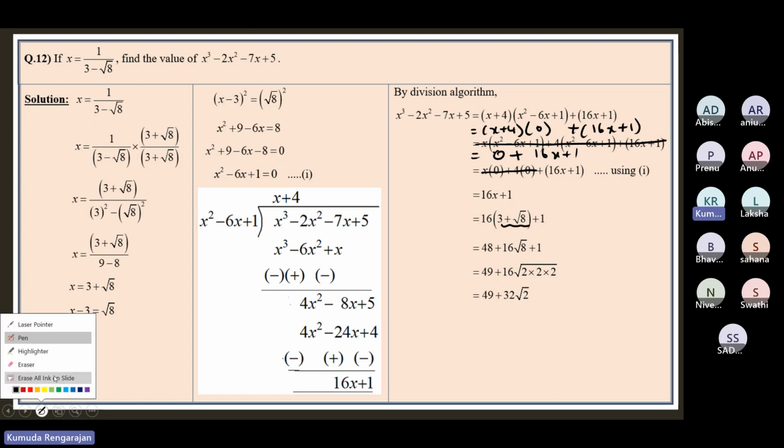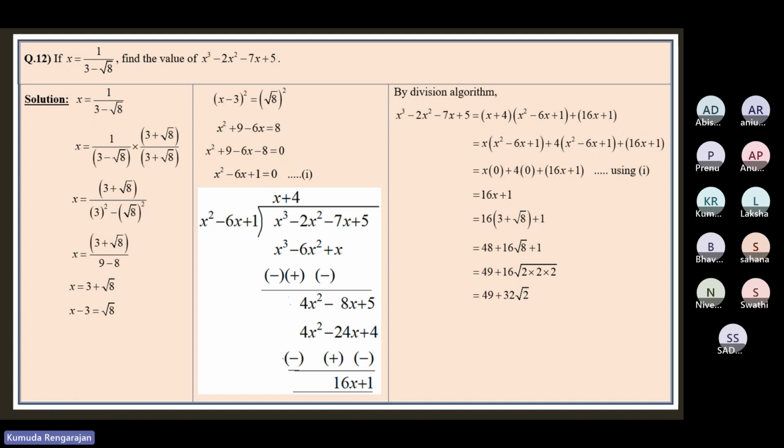Now let's see how to do the long division. I'll just correct this one alone. Using 1, because see here, we have x square minus 6x plus 1 is 0.